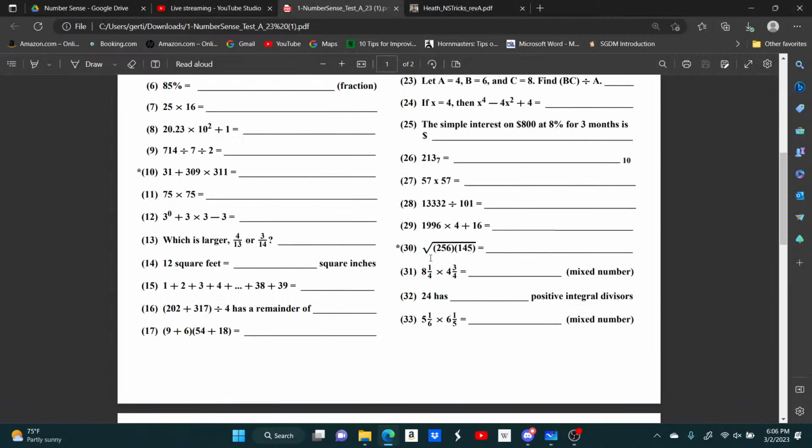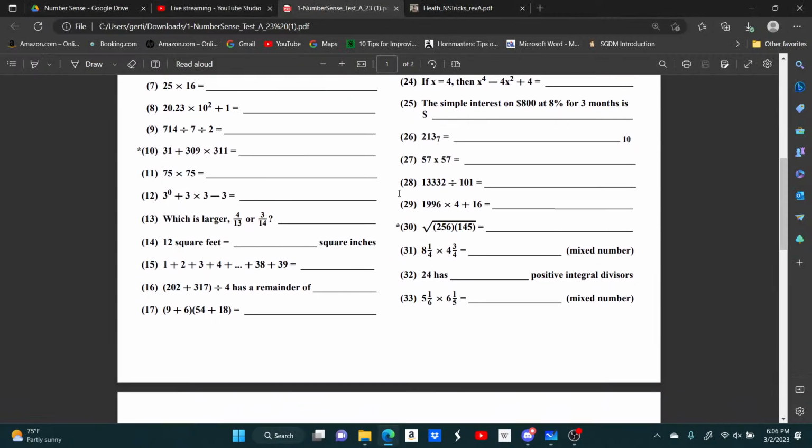All right, let's see what else we have. Number 28 for 101. That requires you to know the formula for multiplying by 101. But I won't. Actually, maybe I'll do this one.